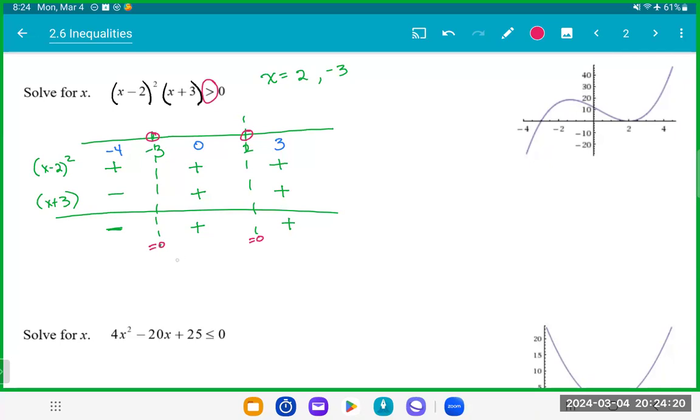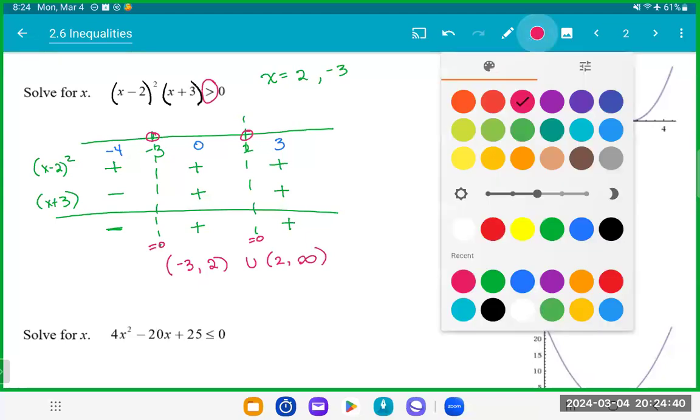So that's going to occur here from negative 3 to 2, and then again from 2 to infinity, and I have parentheses on all of those again because there's no equality in that symbol, okay?